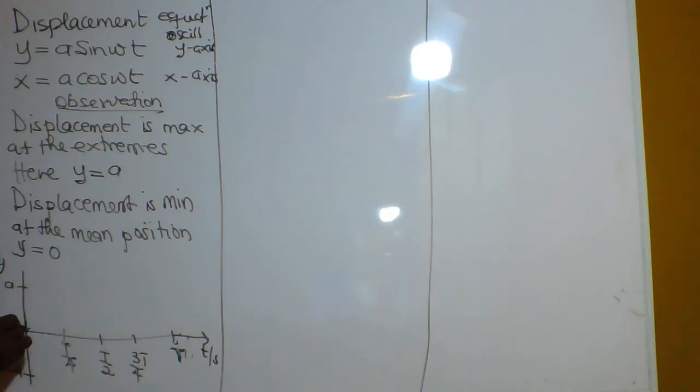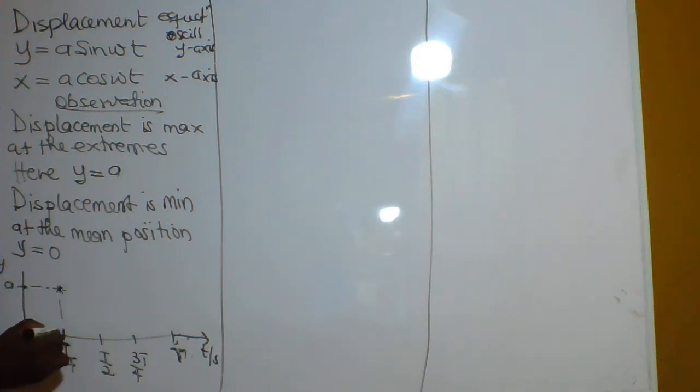The displacement is 0. At a time t is equal to quarter of the period, the displacement is equal to the amplitude.